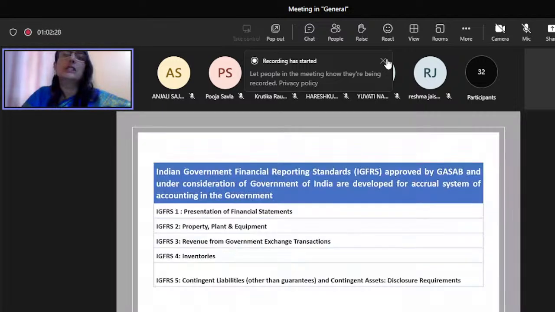Now, in order to follow the IFRS, like I told you, IPSAS, in order to find out the international accounting standards and financial reporting system, the government has evolved Indian Government Financial Reporting Standards. So IGFRS has been approved by our accounting standard reporting system. We are trying to evolve. So presentation, how it should be presented, property, plant and equipment, revenue, inventories, contingent liability.